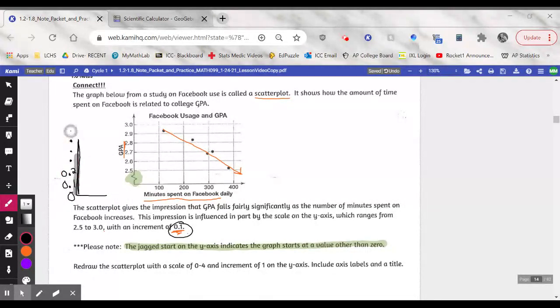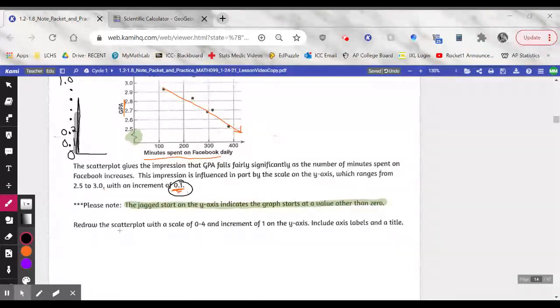It would keep going and keep going. Then we'd have 1.0, 1.1. And then we'd eventually get to 2.5 and 2.6 and so on. But a lot of these values are skipped. So if we have values skipped like that, it can be shown that those values were skipped by just including this jagged start.